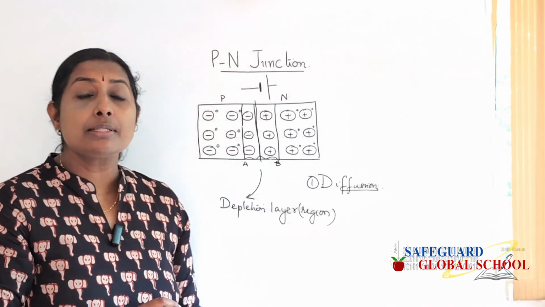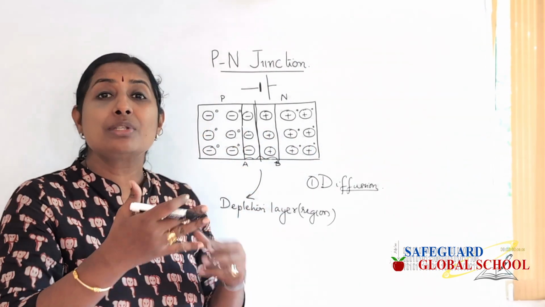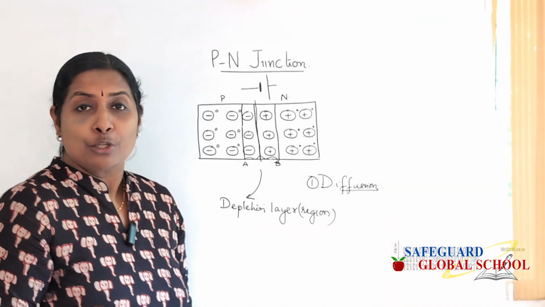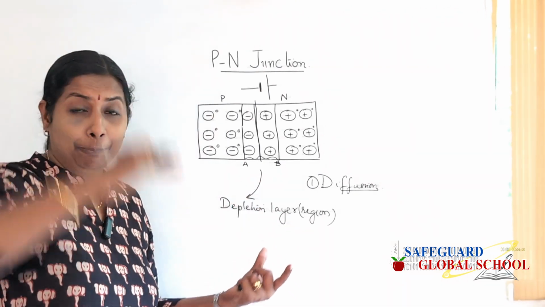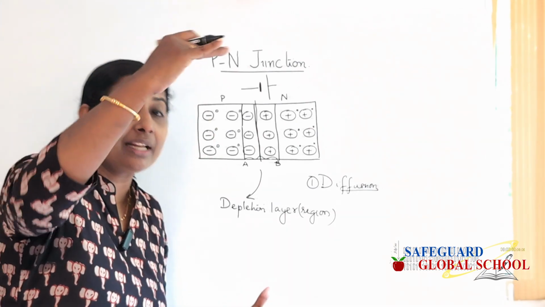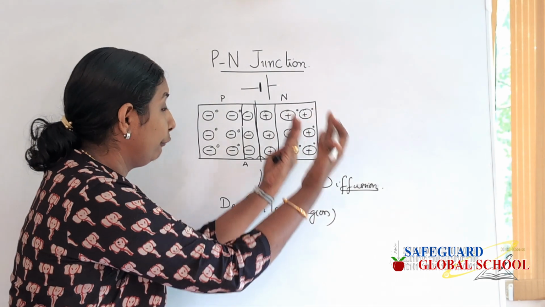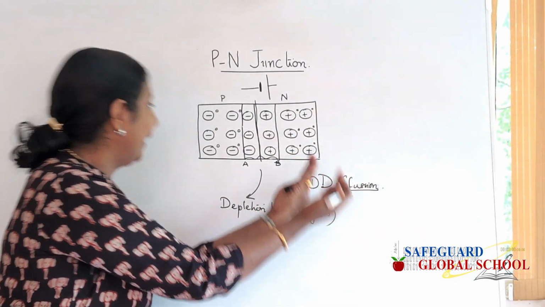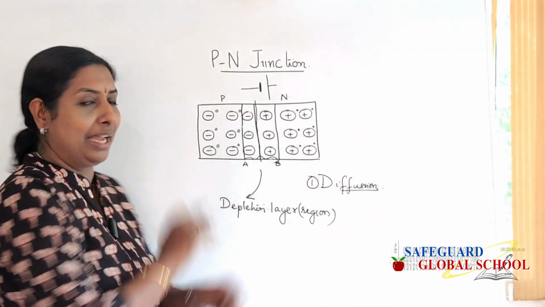So the continuous movement across this junction is blocked. It is just like a wall created, a barrier created, which will not allow the further diffusion of electrons from this side to this side, and the diffusion of holes from this side to this side.